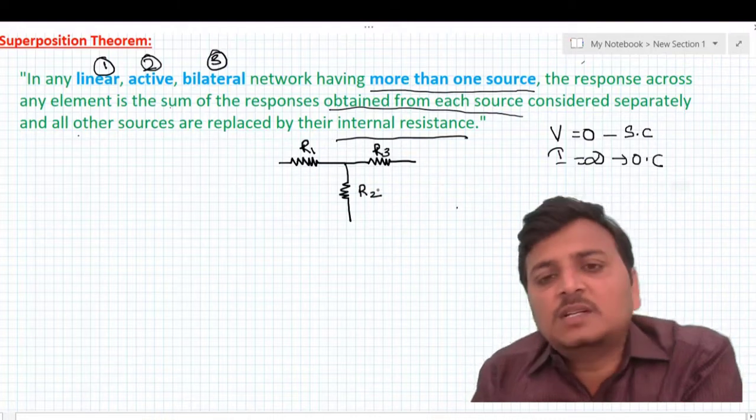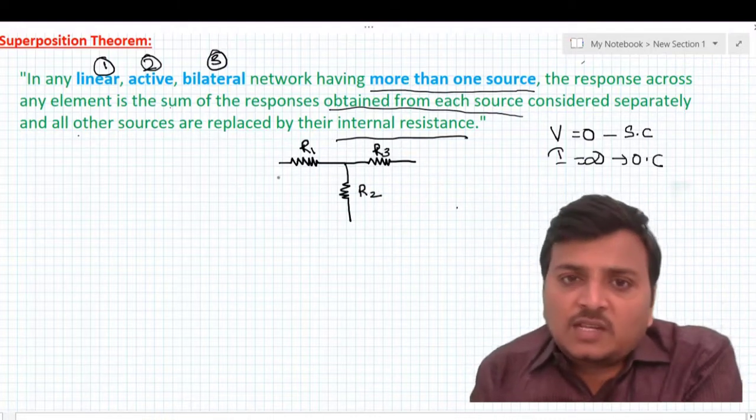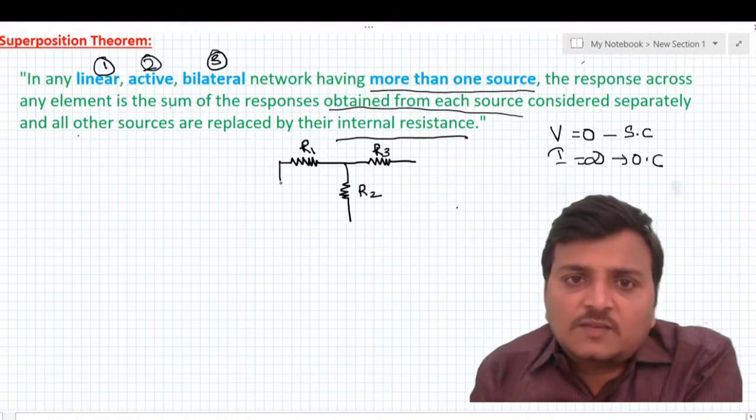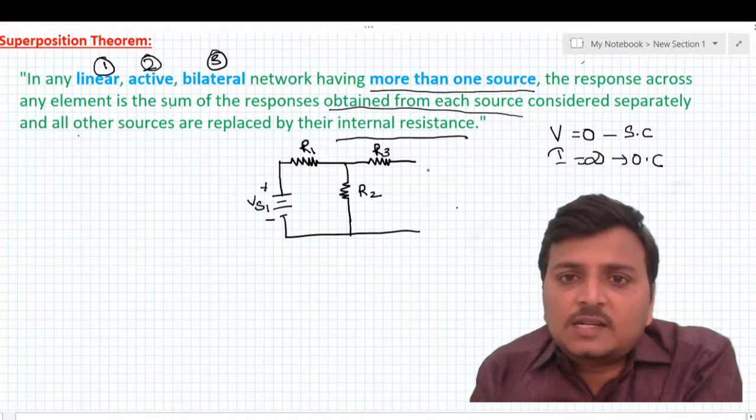This is a simple circuit having three resistors, and one side of the circuit consists of one voltage source, which you can call VS1. On the other side, one more voltage source is connected like this, with this polarity, and call it VS2.